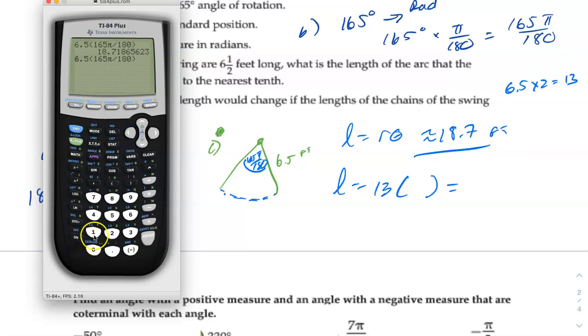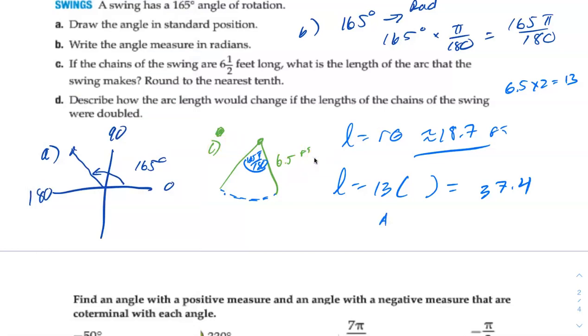It goes from 6.5 to 13. Nothing else changes. You just times everything by 2. So the answer doubles. The arc length doubles. That was for D.